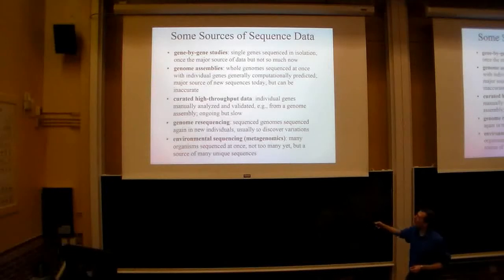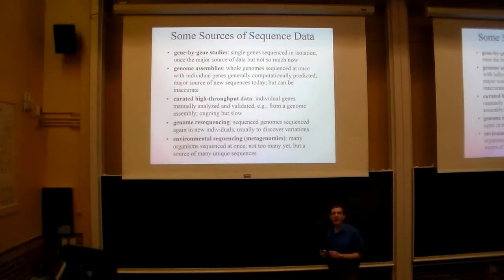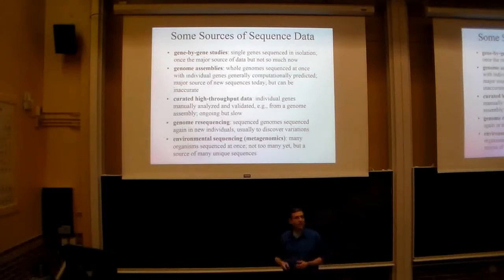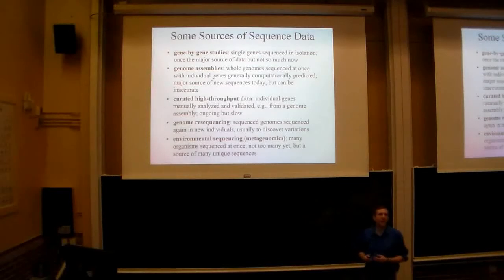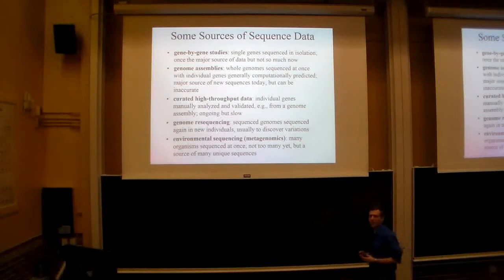More and more today, we're even seeing what was called environmental sequencing. Now more often you'll see the name metagenomics. These are cases where someone is sequencing many genomes at once, often without knowing in advance what they're sequencing. A very popular example of this that's been getting a lot of attention in the scientific press is what is called microbiome sequencing.